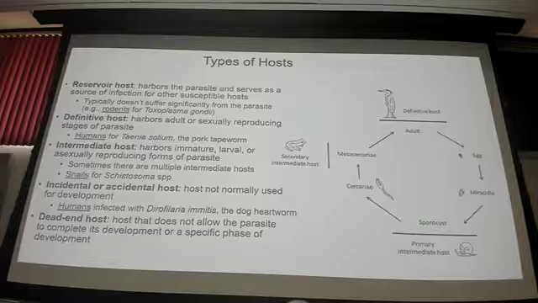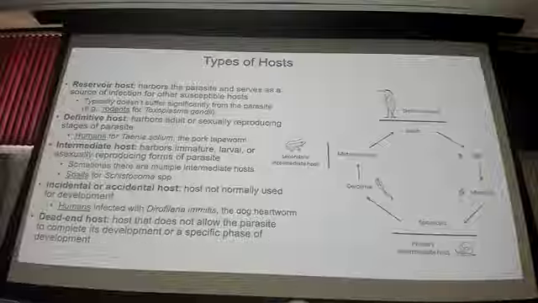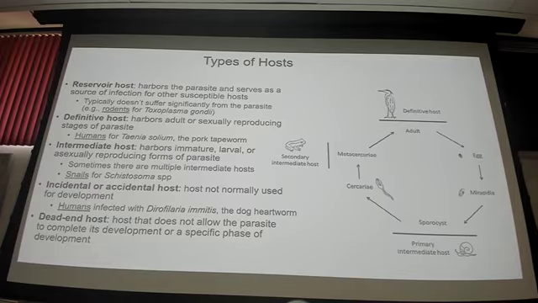When we were talking about leprosy, Mycobacterium leprae, one of the reservoir species for that was the nine-banded armadillo. It's a considerable reservoir for that bacteria to hang out in. For parasites, we talk about this much more frequently. It doesn't necessarily cause a lot of damage to the host, but it's like a sink for that parasite to have continued presence.